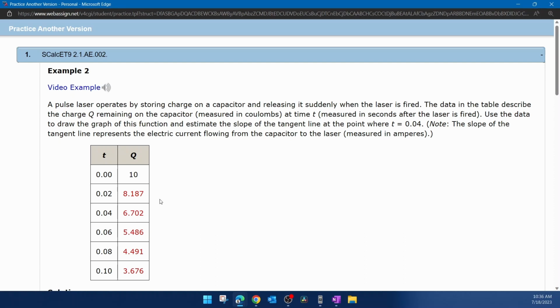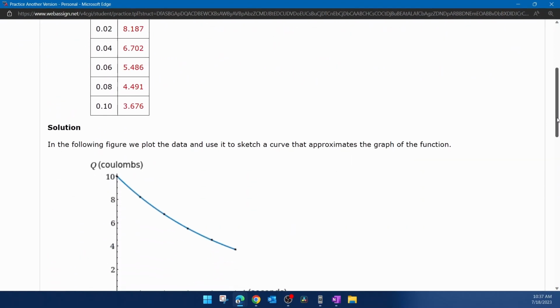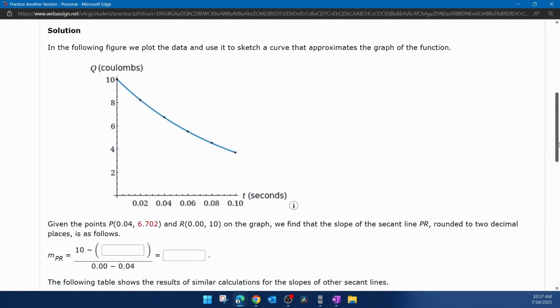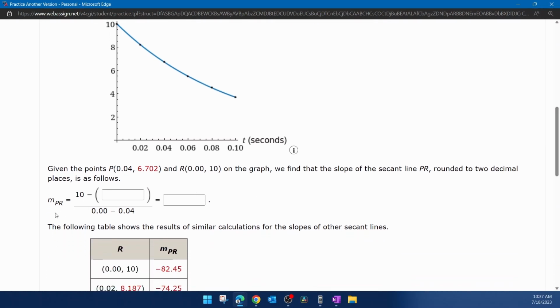So we have a table of data that WebAssign has shown us the graph for, showing that the charge is decreasing over time. And then it wants us to find the slope.